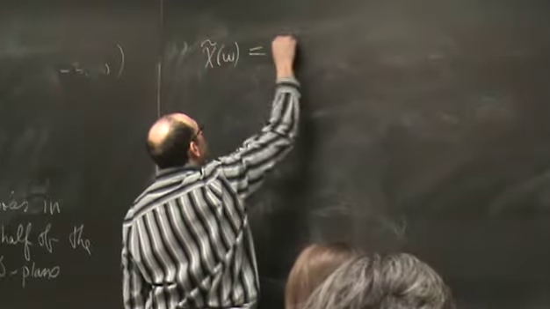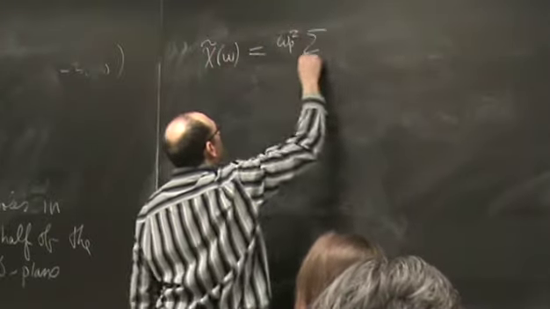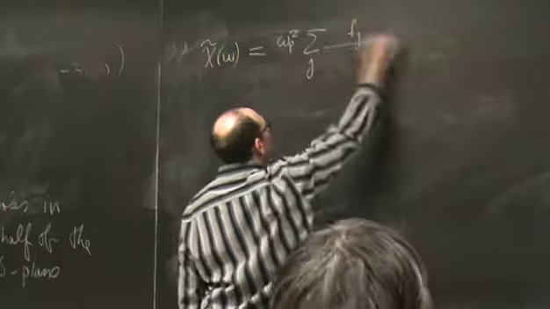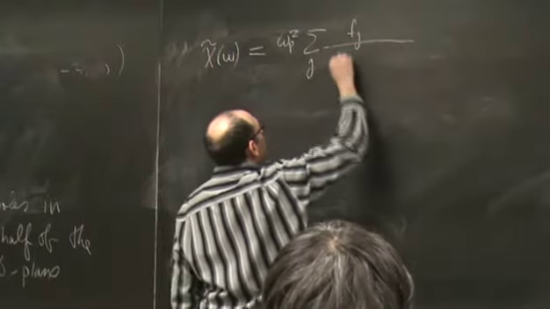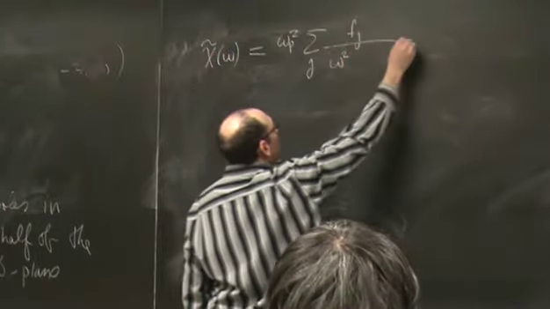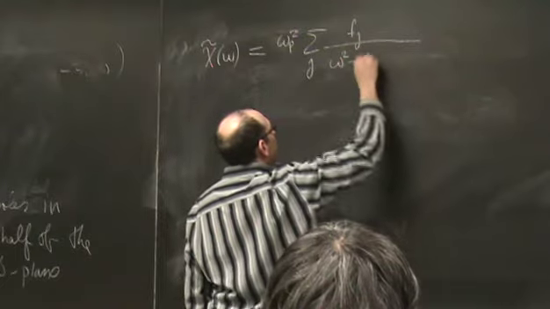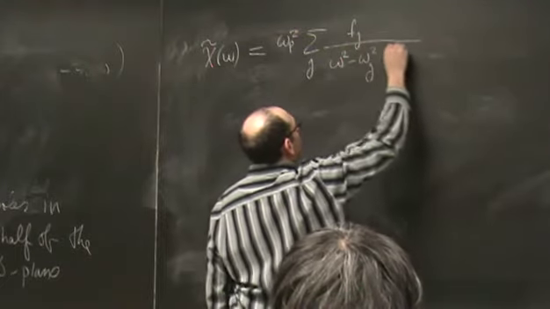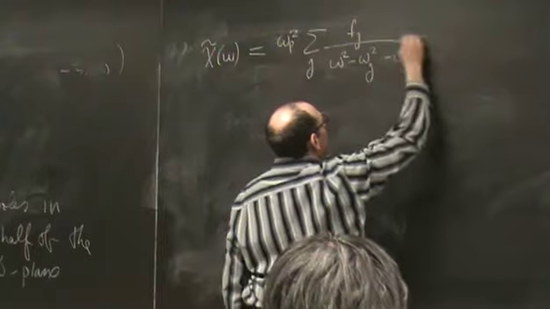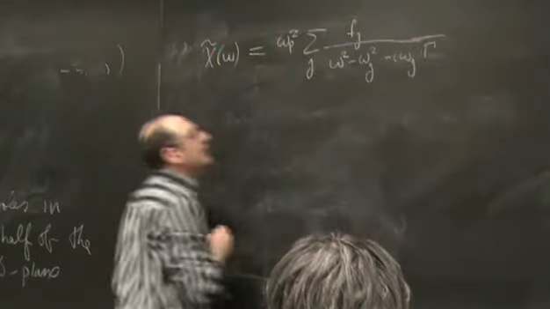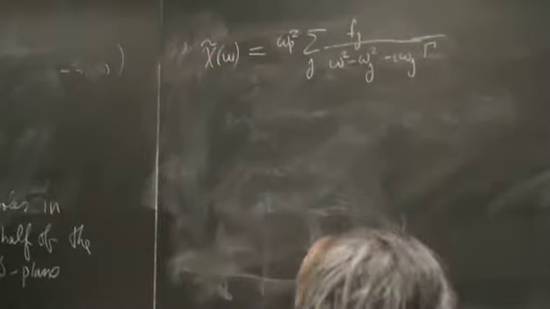So we wrote this as omega p squared, sum over this, the oscillator strengths, over omega squared minus omega j squared minus i omega j. Right?